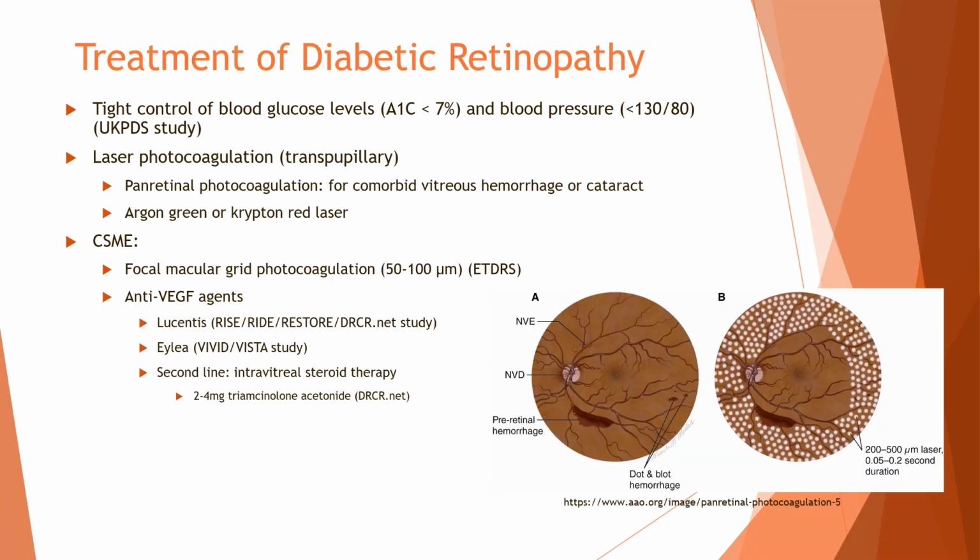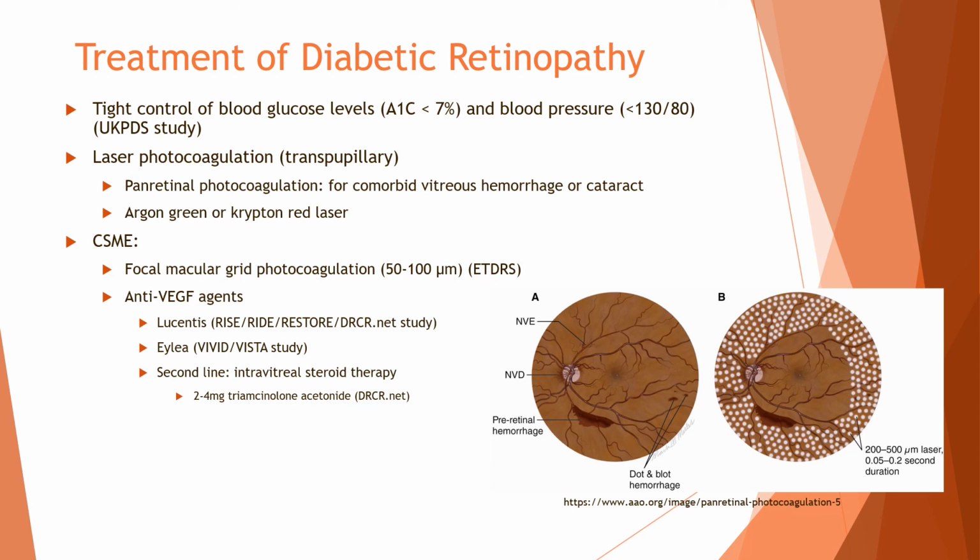The treatment of diabetic retinopathy is by treating the underlying cause, the underlying diabetes. The tight control of blood glucose levels and blood pressure, maintaining them under 7% and 130/80 respectively, is the mainstay of the goals for diabetic treatment.